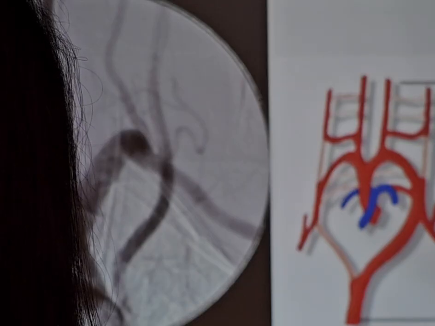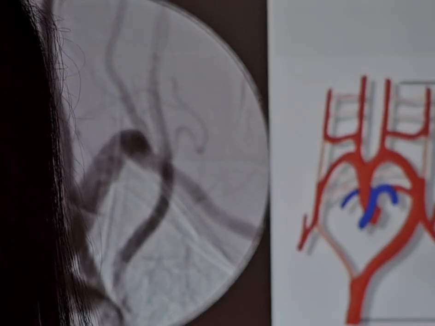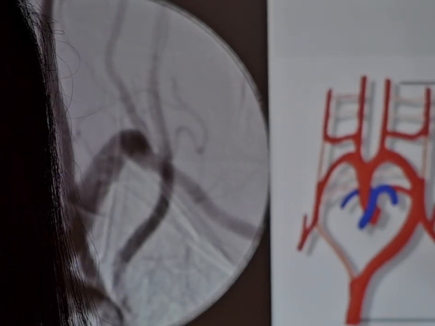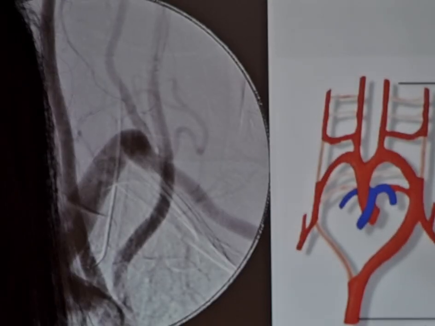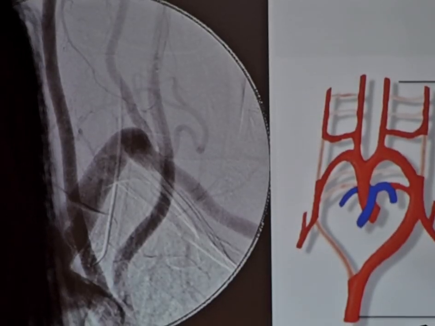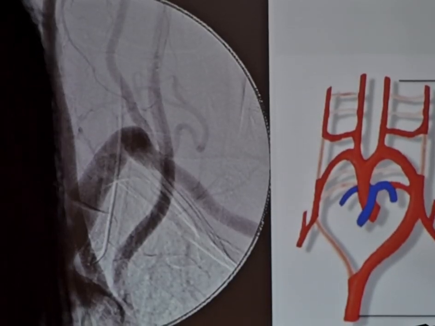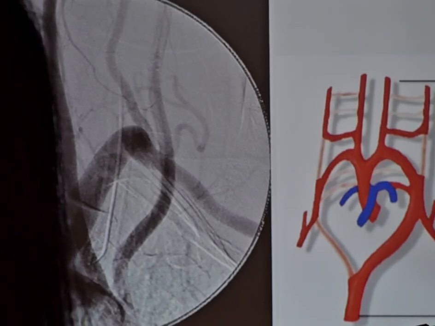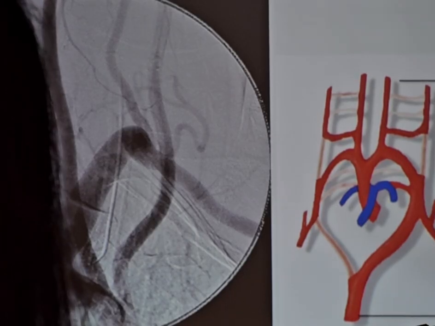It's not the common one. The most common variation of the arch is the aberrant left subclavian. That's not this. It's a right arch. Yes.